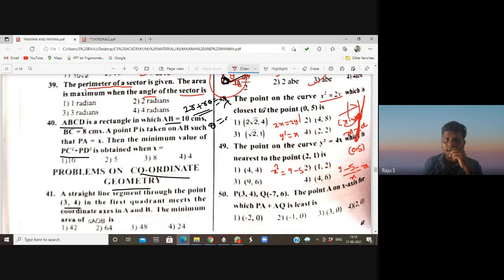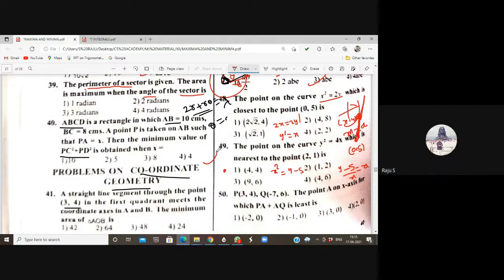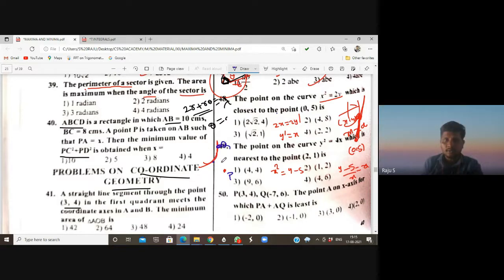And here the thing is, whenever it is closest it is nothing but perpendicular. For example, there is a curve and a point is there. There are 3 points I am taking: this is P, this is Q, this is R, this is S. So which is the closest distance, students?